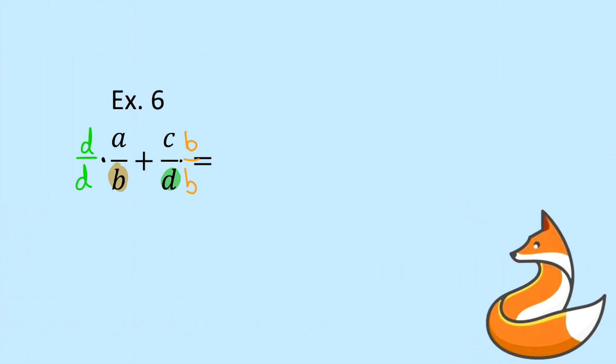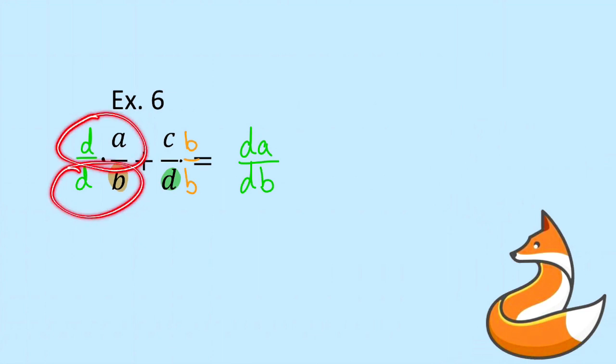And the result is going to be, when we multiply these, the fraction dA over dB, because I'm multiplying the dB and the dA there.